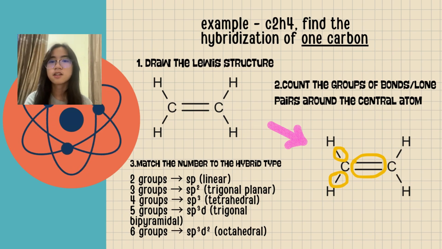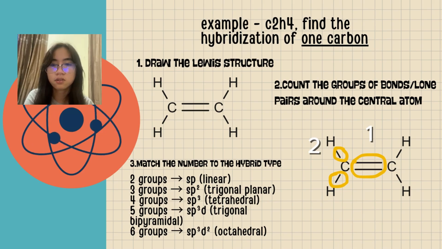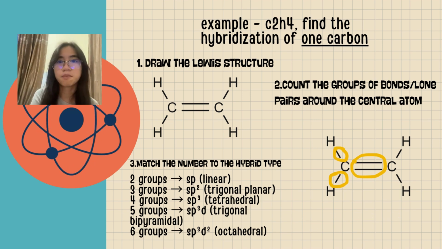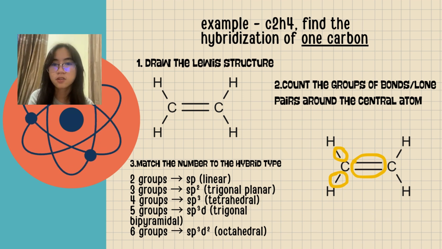Next is to count the groups of bonds or lone pairs around the central atom. Our central atom in this one is C. Now let's count the bonds. We have 1, 2, 3. With 3 groups, let's match the number to the hybrid type.